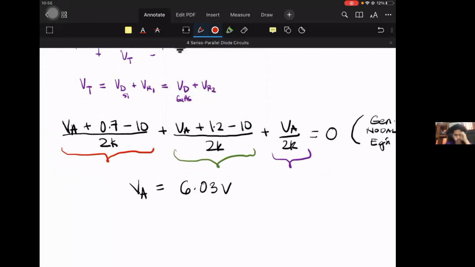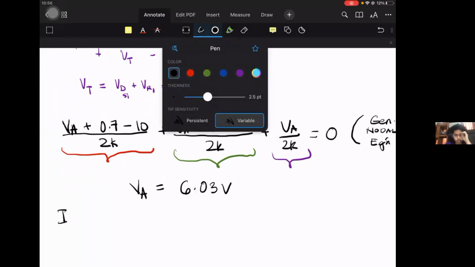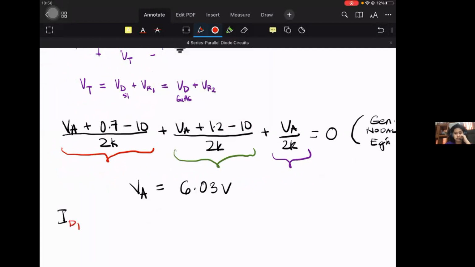To solve for current ID1, kanilang part sa circuit. So i-substitute lang si 6.03 here, and then masolve naman ni. Dili man yung mga unknown.